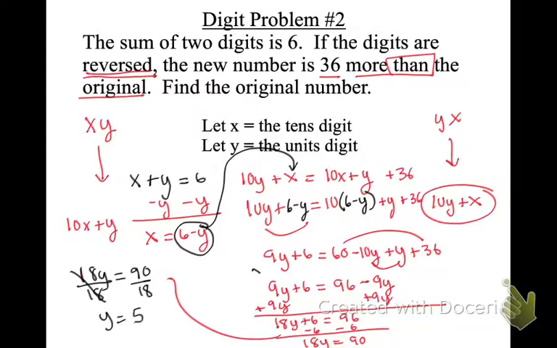So if y is 5, then when I go back up here, x equals 6 minus 5, x is equal to 1. So it's 1, and the answer becomes 15, the original answer, and that's what you put in your number column.